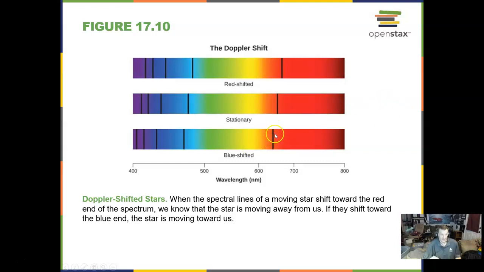The lines in the rainbow spectrum, continuous spectrum, will shift towards the blue. That means it is coming towards me. Whereas a star or object or a galaxy moving fast away from me, the lines are shifted towards the red.